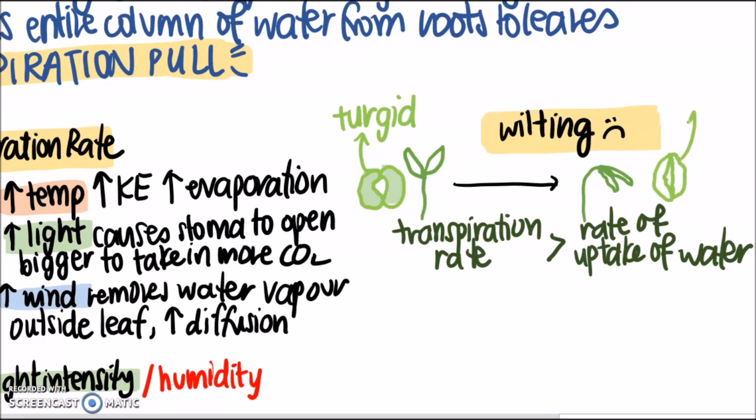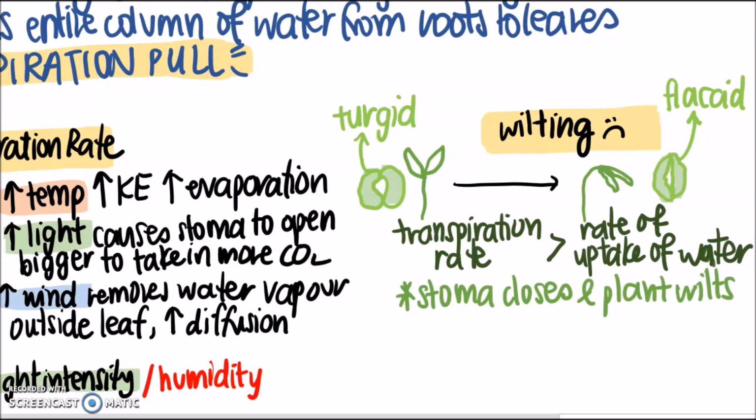But when I have less water, what happens is that the guard cells become flaccid and then the stoma starts to close. Okay, and the cells of the plant become flaccid and they all start to droop down because there's not enough water. So during wilting, the stoma closes and the plant wilts, and this will help to prevent excess water loss.